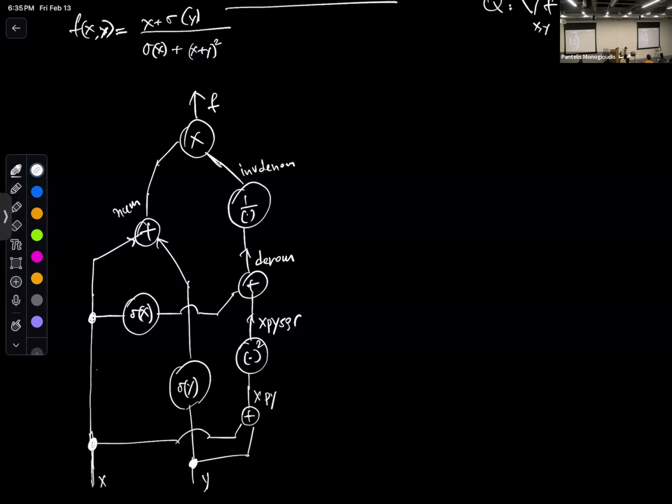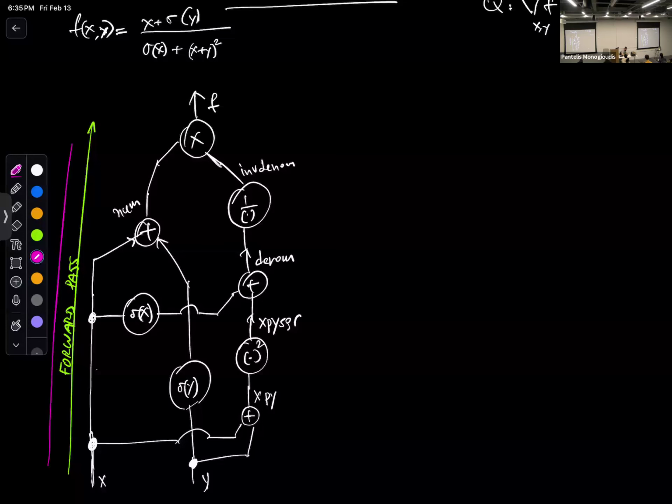The one pass is the forward pass, that goes from the input to the output, and the other is the backward pass, that goes from the output back to the input.